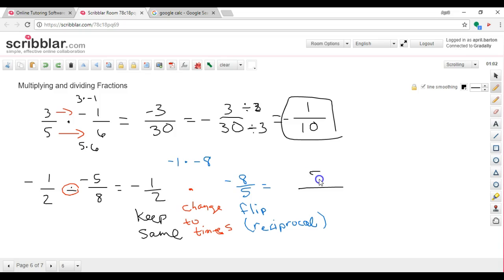And 1 times 8 is 8. Then we do the bottom, 2 times 5, which is 10. And so we do check to see if we reduce, and usually either 2 or 3. This time it's a 2. So 8 divided by 2 is 4, and 10 divided by 2 is 5.